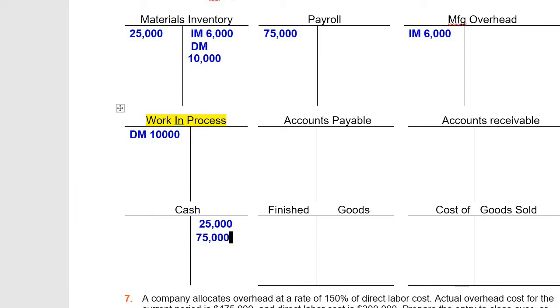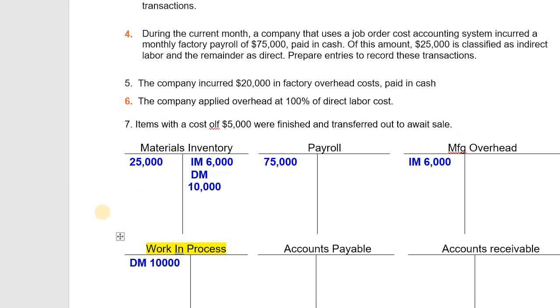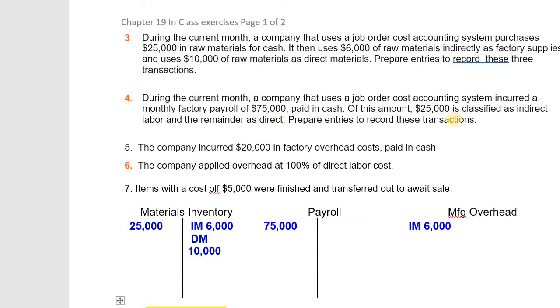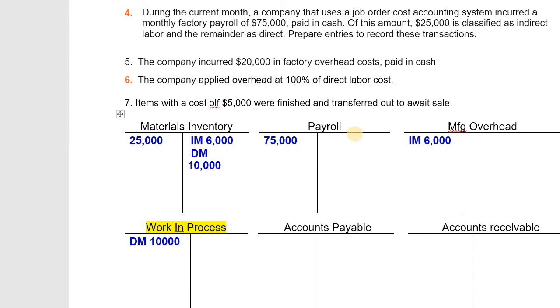Then, for the second part of the transaction, the cost accountant comes along and says $25,000 is indirect. So I'm going to take $25,000 worth of indirect labor out of the payroll account and put it in the overhead bucket. Why is that going way down there? I don't know. We'll find out. Indirect labor, $25,000.